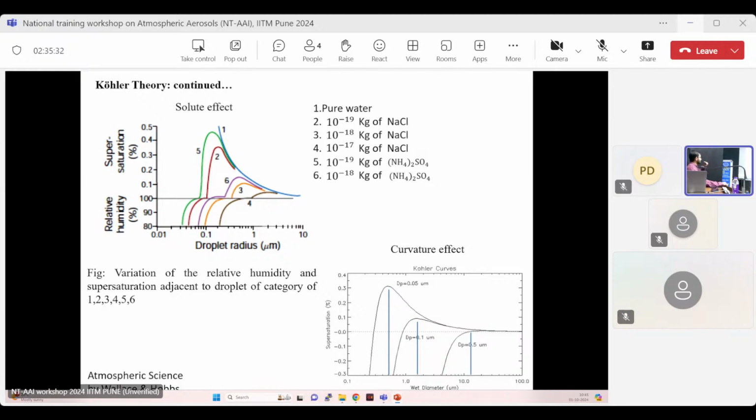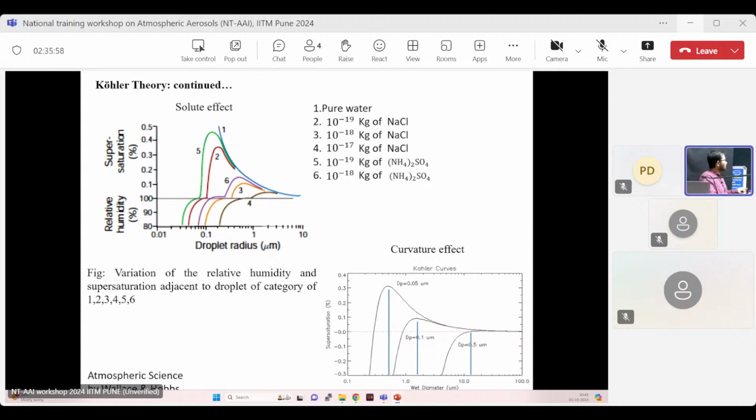Here I am trying to give some examples based on the solute effect and the curvature effect. If you see closely here, you are increasing your concentrations of NaCl, sodium chloride solutions that you are nebulizing, and doing all the calculations. This is in the particle phase, not the liquid phase.